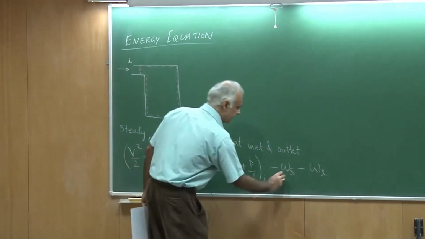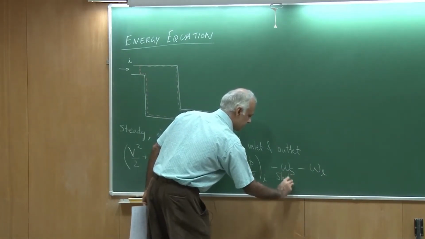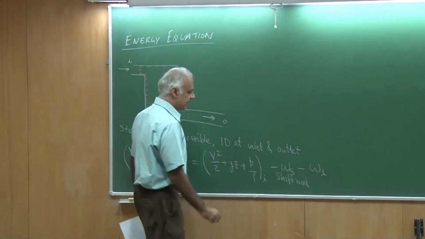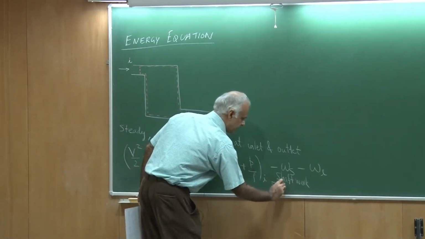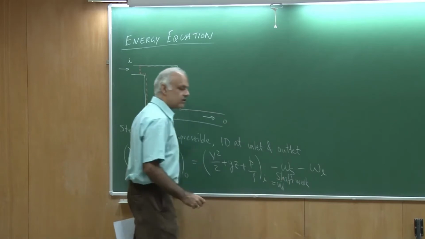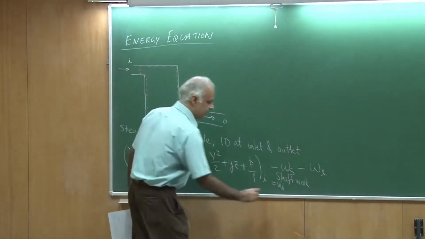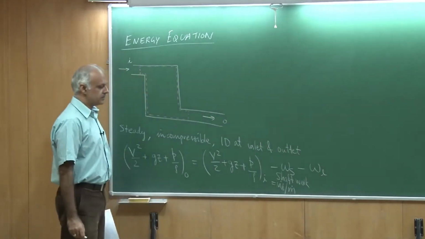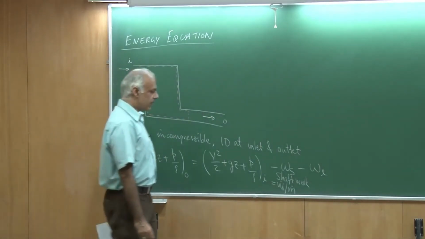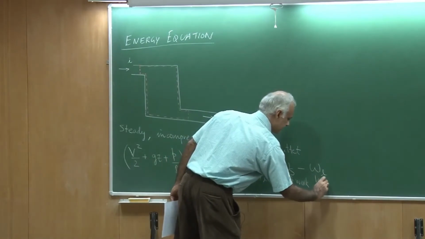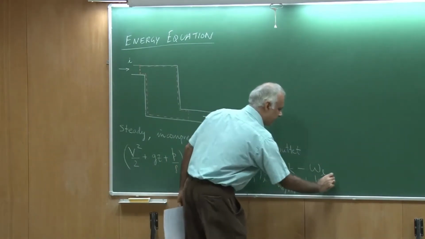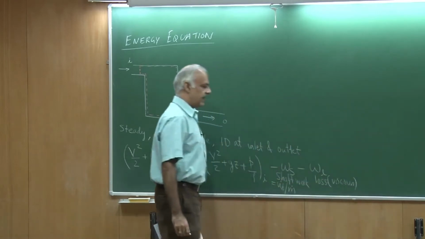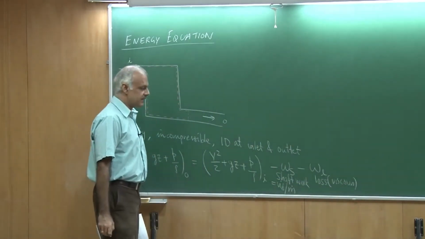Ws, as you recall, is the shaft work, and the shaft work is given as the work done by the control volume, that is positive, divided by the mass flow rate through the control volume, and Wl is actually the loss, and this is primarily because of the viscous action, and it has two components in it.